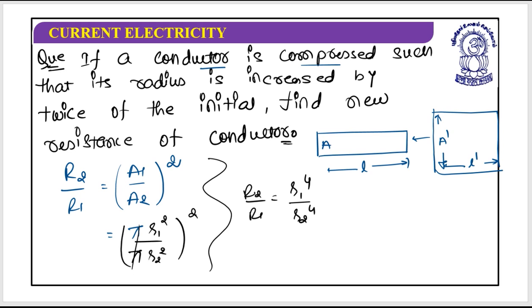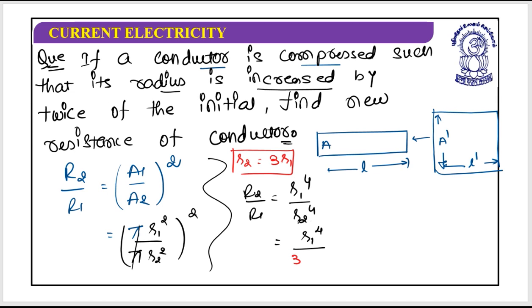Now they said that its radius is increased by twice. Twice has been increased, so R2 can be written as 3 times R1, because by twice it has been increased.